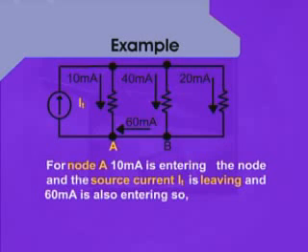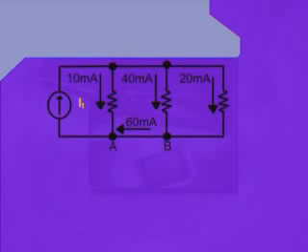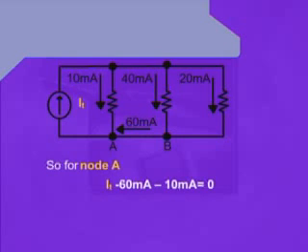That will be the total source current value IT. Now, if we want to write the equation for node A, we can write IT minus 60 milliamperes minus 10 milliamperes is equal to 0.